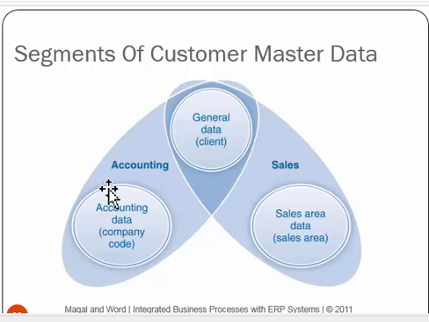So remember, the combination of the customer data and the material data is called what? It's not on the slide. It is the customer material information record.